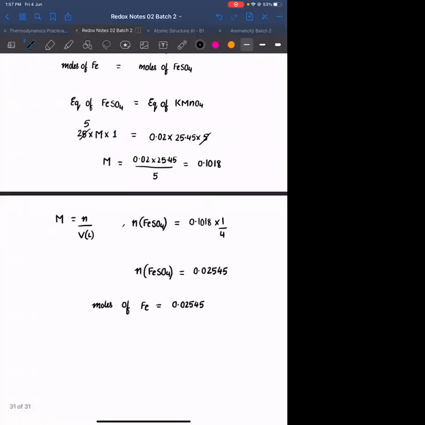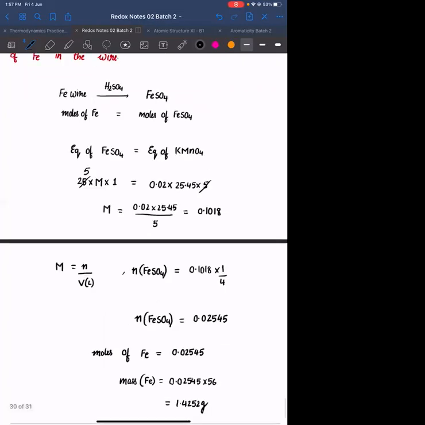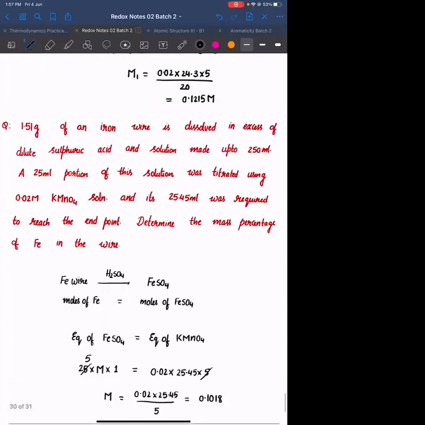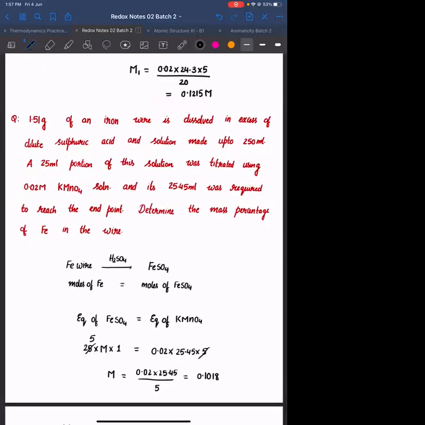Okay. So what will be the mass of Fe? Moles into 56. It is 0.02545 into 56 into 10, which is equal to 1.4252 grams. But what is the mass of the actual iron wire? It is 1.51 grams, right? Yes sir.